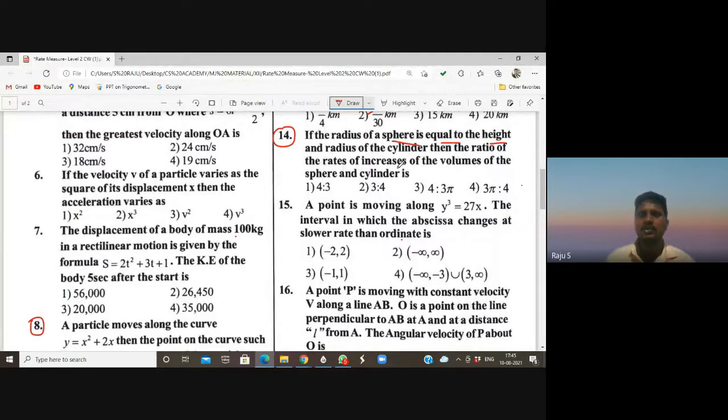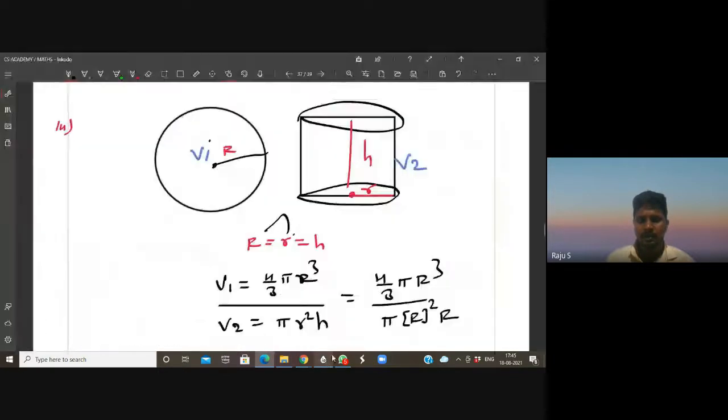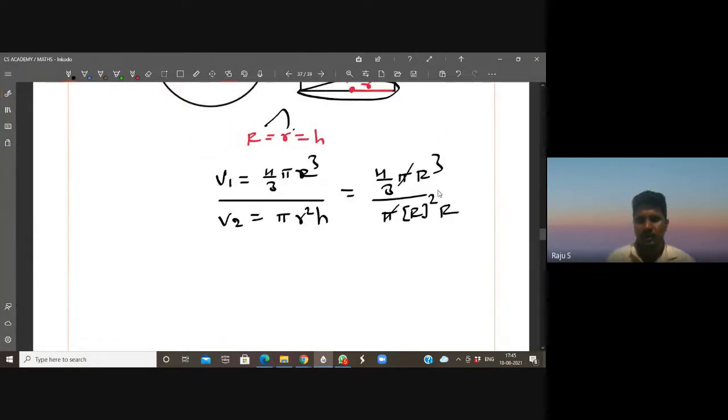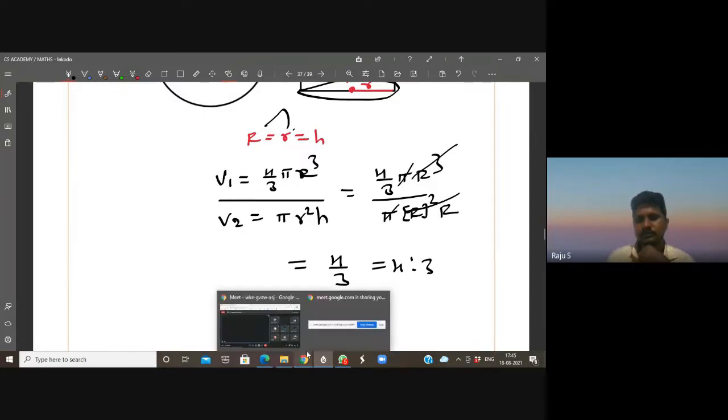The ratio of the rates of increase of volumes of the sphere and cylinder: can I cancel these two? Finally we got 4 by 3. What is the ratio? 4 is to 3. Clear?